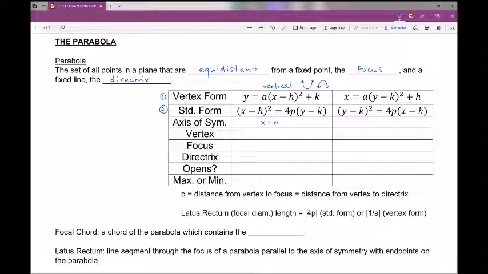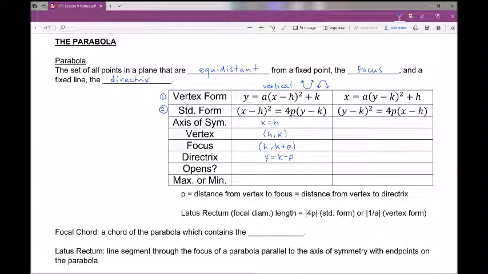The vertex will be (h, k). To find the focus, we simply add this number p to the y-coordinate of the vertex, so the focus has the form (h, k + p). The directrix is the same distance from the vertex as the focus, but in the opposite direction, so the directrix is the line y = k - p.